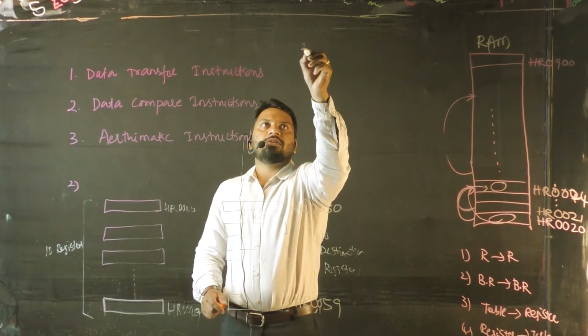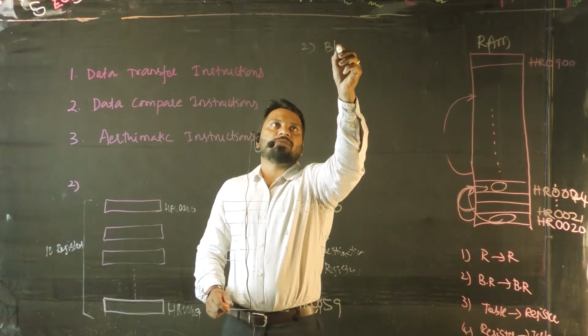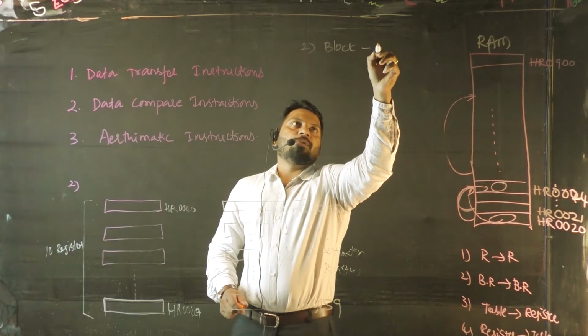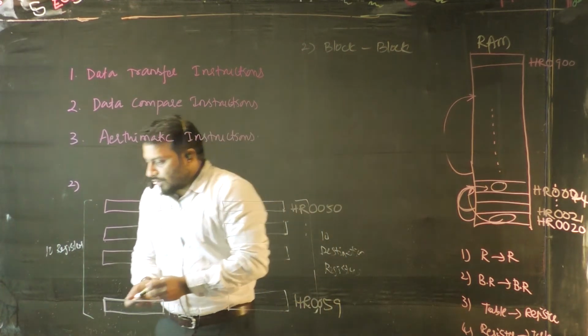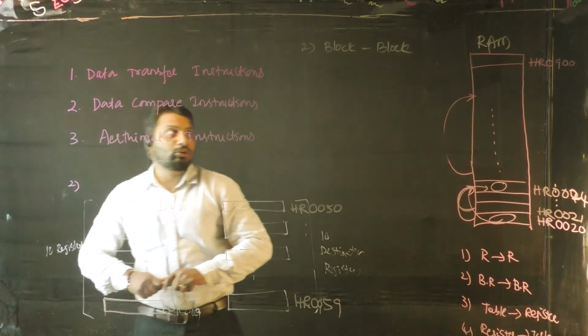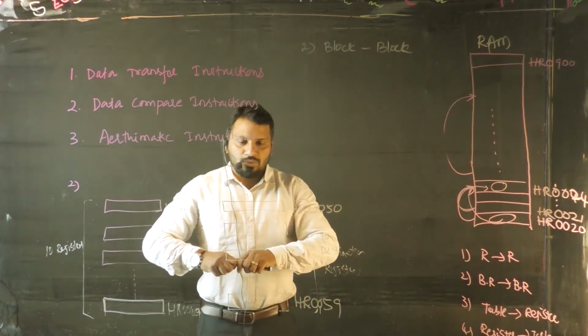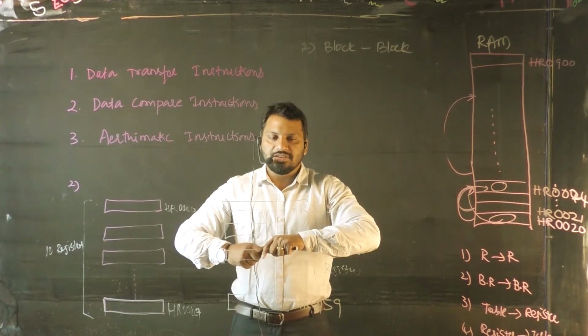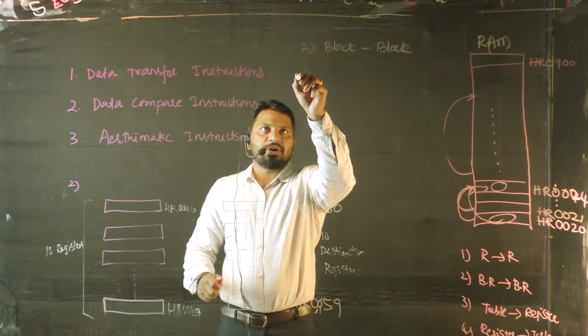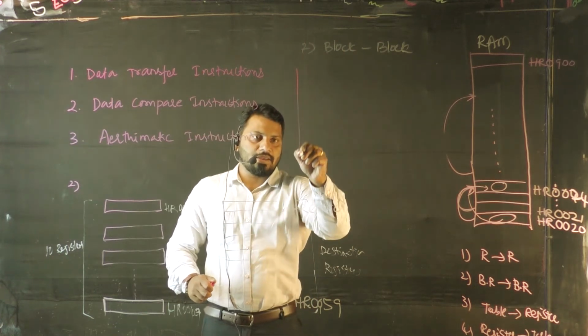The second way is the block to block transfer, right? With this block to block transfer, you want to move the data of 10 registers to 10 sequential registers. For that, we need to write a rung like this.